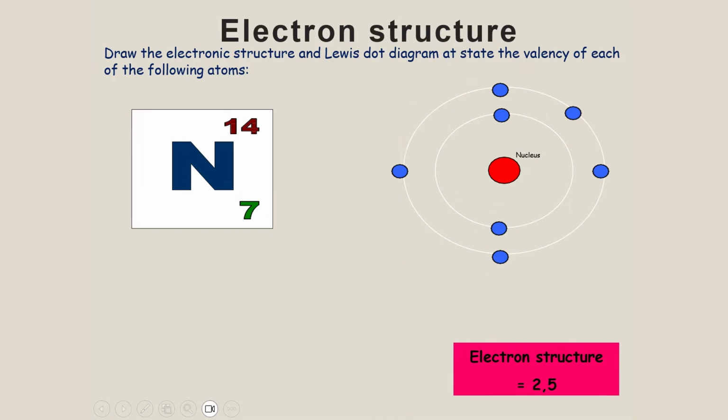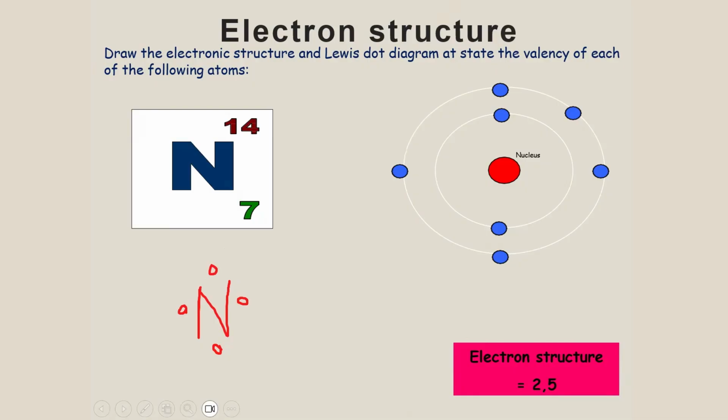How to represent it in the Lewis dot diagram? We will draw the symbol of the atom, which is N, and then we'll distribute the 5 electrons. Let's have unpaired electrons over the 4 sides. So now we have 4 electrons.